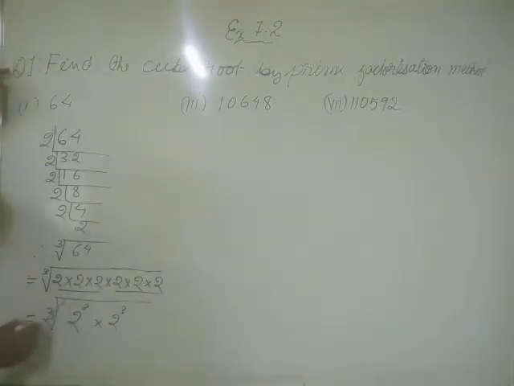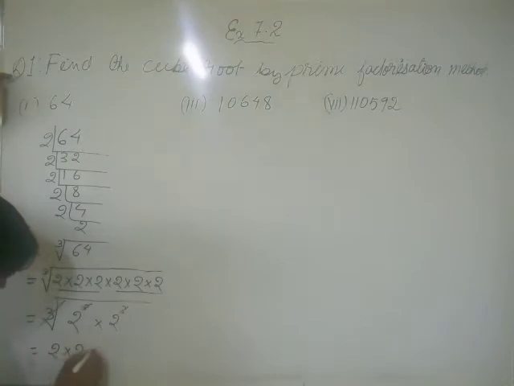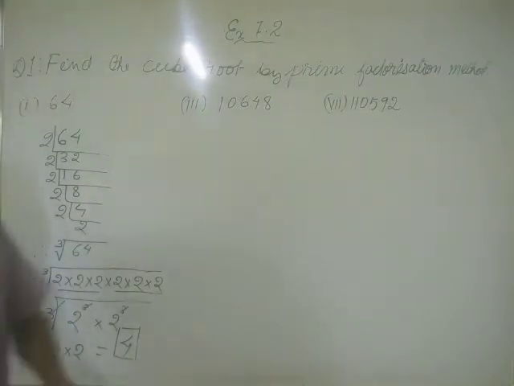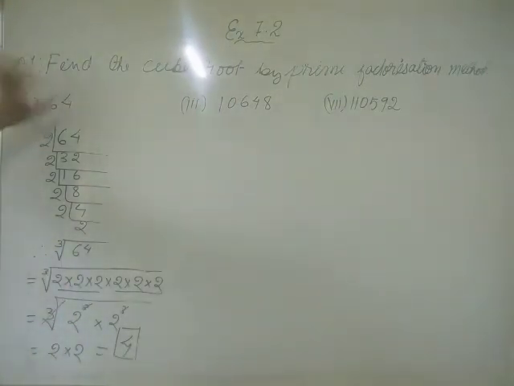Then this cube root and these cubes can be cancelled, and we have 2 into 2, which is 4. So 4 is the answer. The cube root of the number given here, 64, is 4.